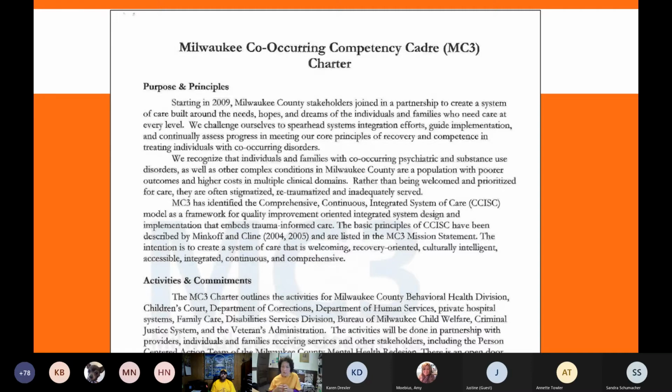We had a signing ceremony of this charter that took place in 2013, 2014, I believe. So it first started in 2011, and then we updated it in 2013.